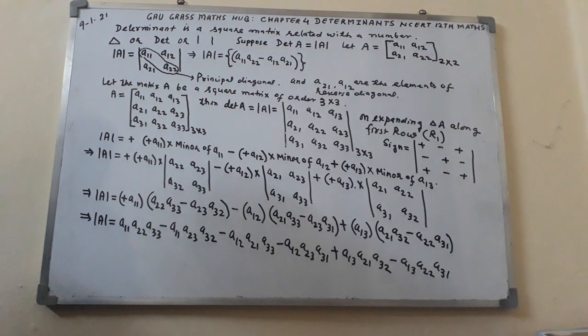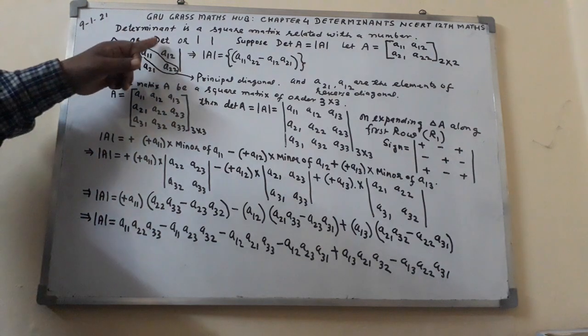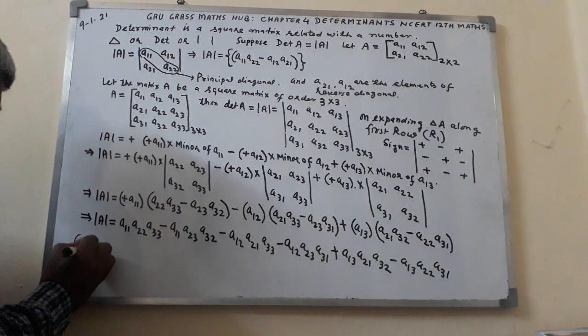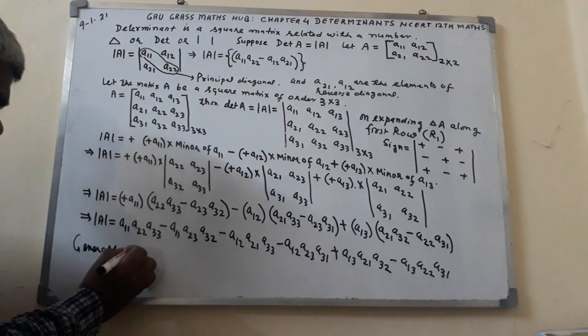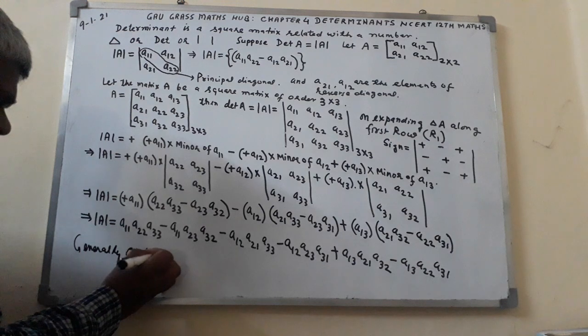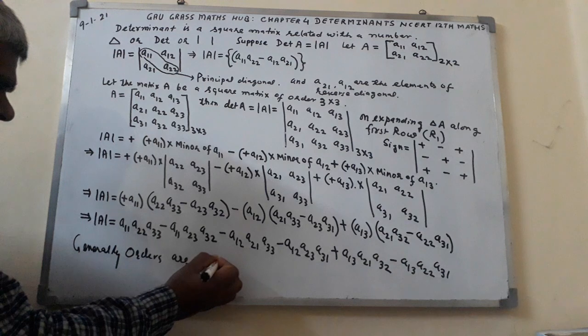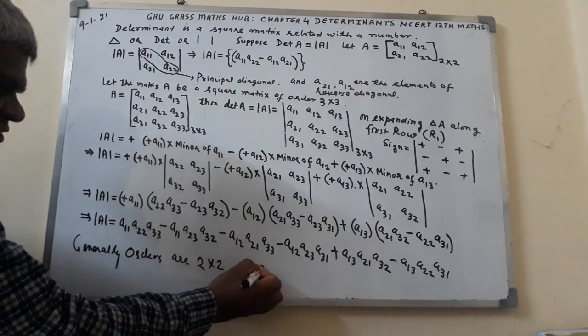In this way, determinant is expressed, and notion of determinant is this one, det A this one. Orders we shall generally take are 2 cross 2, 3 cross 3.